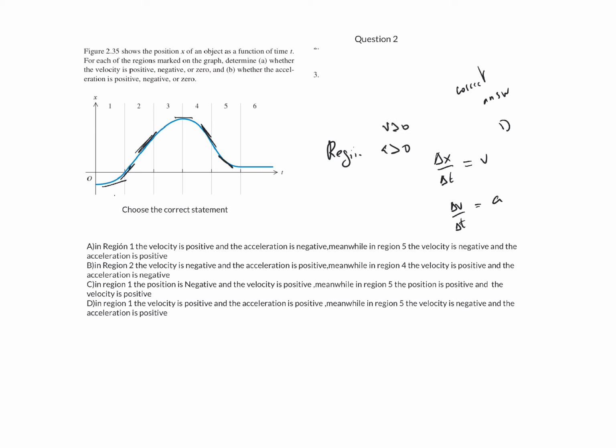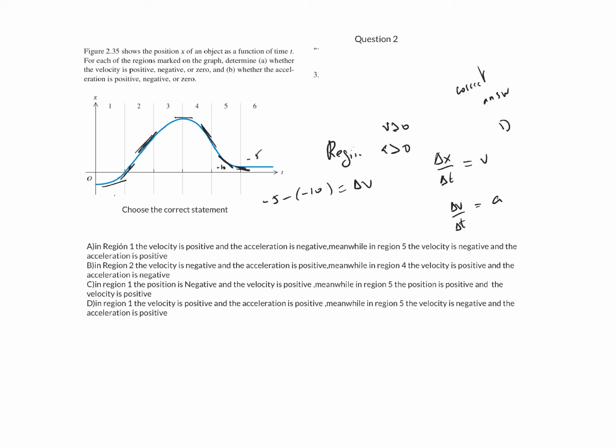Let's analyze the same thing in region 5. In region 5, the velocity is negative, let's say minus 10. Now it's a smaller velocity, let's say minus 5. Final minus initial is the change in the velocity. So is this positive or negative?